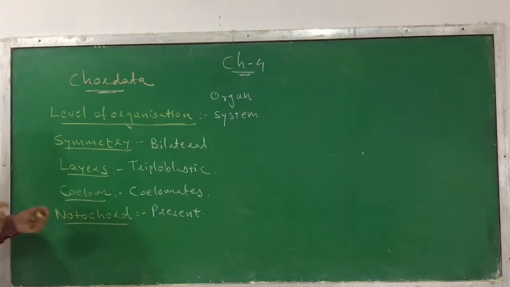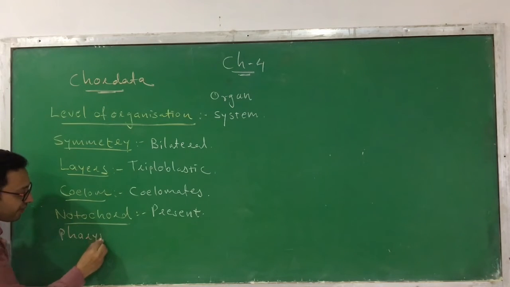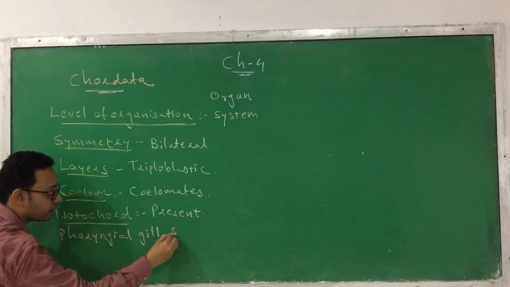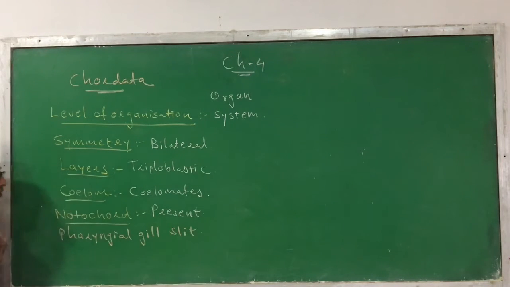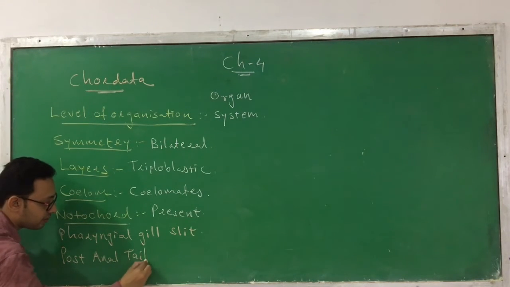Along with this, there are also further characteristics that can be found in chordata. One characteristic is the presence of pharyngeal gill slits. And along with that, there is also the presence of a post-anal tail.